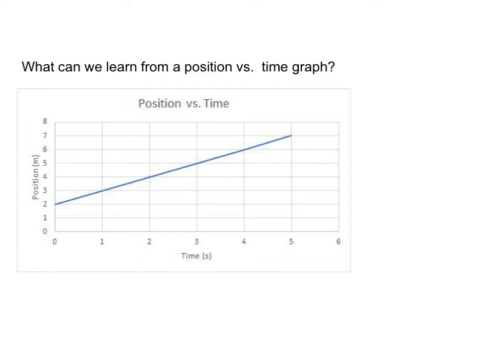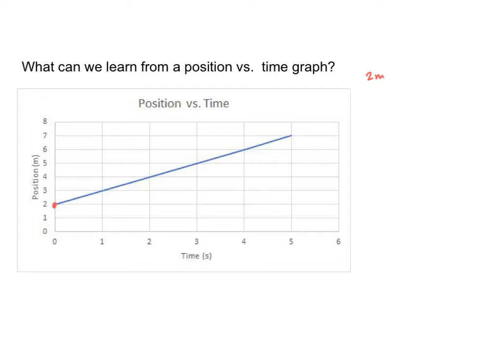So what I have here is a very standard graph of somebody's position as it changes over time. And the first thing that I can learn from this graph is where I started. So assuming that we start at t equals 0, at a time of 0 seconds, I know that my starting position is whatever point my line is at on the y-axis at that time. So on this graph, I know that my starting position is 2 meters.